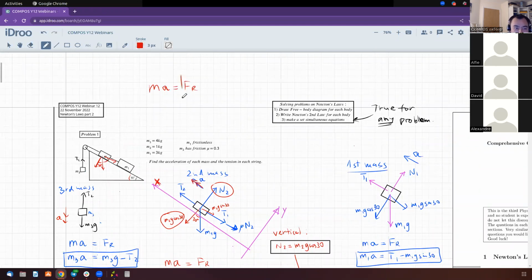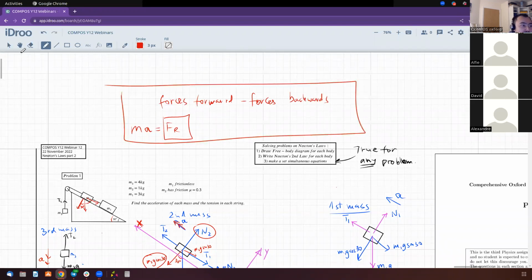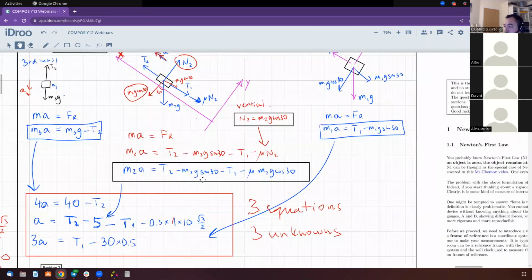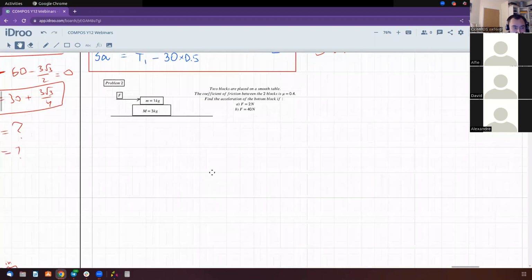And by resultant force, we actually mean forces that help you move, so forces forward minus forces backwards. If you remember this strategy, you will have no problem solving even the hardest problems.